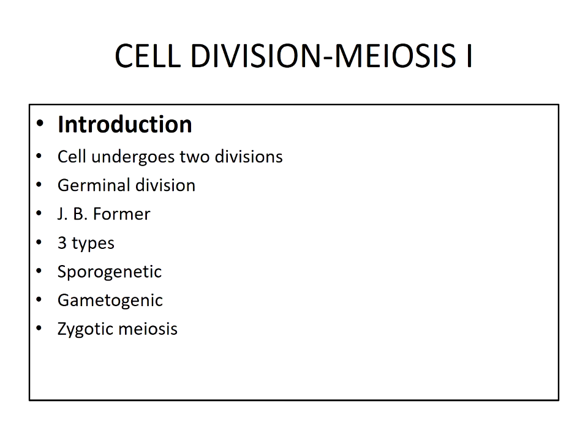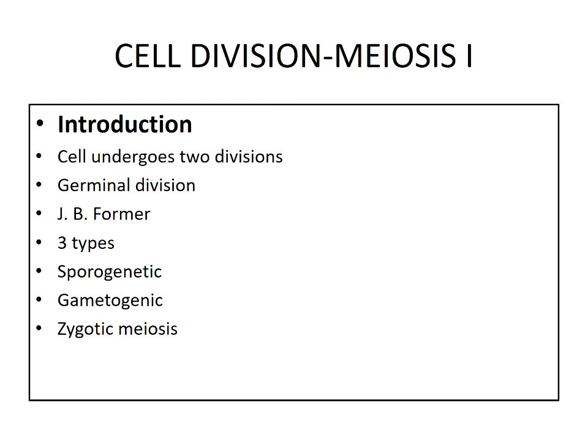The first is sporogenetic, where meiosis takes place during the formation of spores. The second is gametogenic, or gametic meiosis, which takes place during the formation of gametes. The third is zygotic meiosis, which takes place during the germination of a zygote.